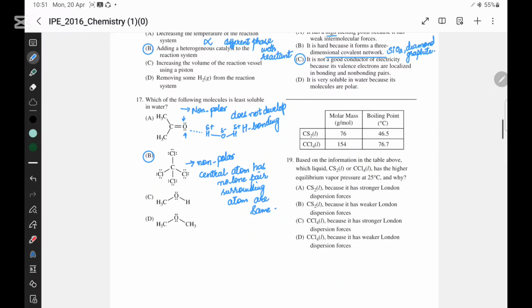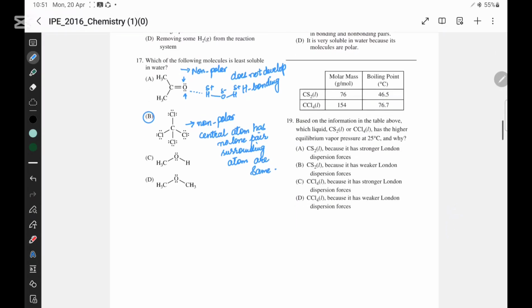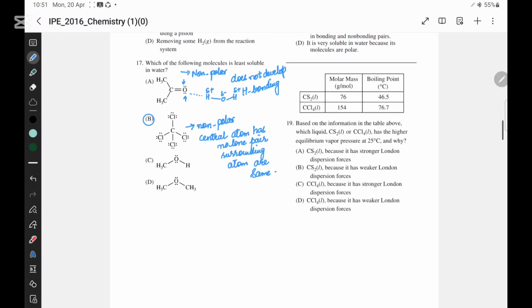Let's move towards question number 19. Based on the information in the table above, which liquid, CS2 or CCl4, has the higher equilibrium vapor pressure at 25 degrees Celsius and why? Just remember one thing: if you are having higher vapor pressure, it means the boiling point is going to be low.